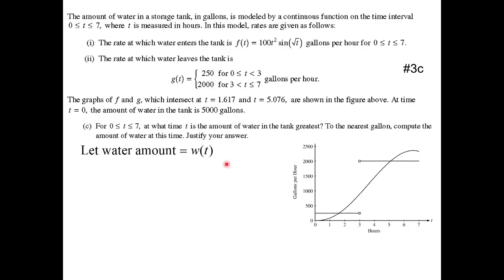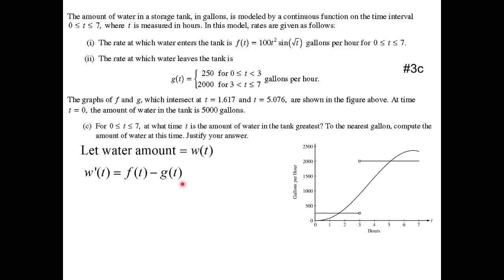I'm not going to define exactly what w of t is formulaically yet, but in order to figure out the maximum value, I'm going to need to know a little bit about the derivative of w so I can talk about critical values. So w prime of t, the rate of change of water, is going to be the rate in, f, minus the rate out, g.